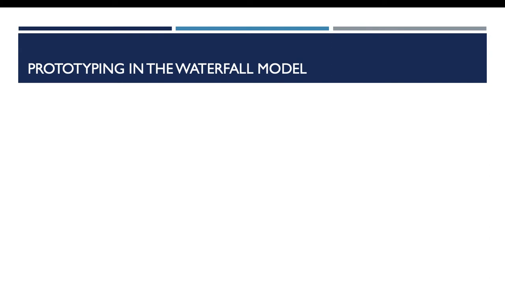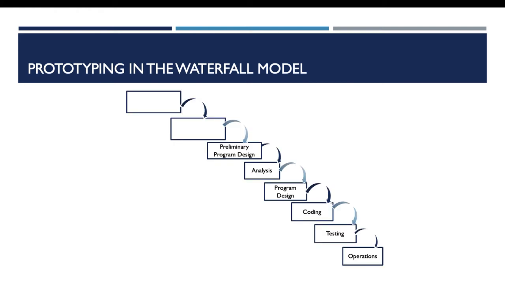Another characteristic of the waterfall model is the possibility to develop a prototype or a simulation model before the development of the final solution. Royce, at the preliminary program design phase, proposed to do the work twice.